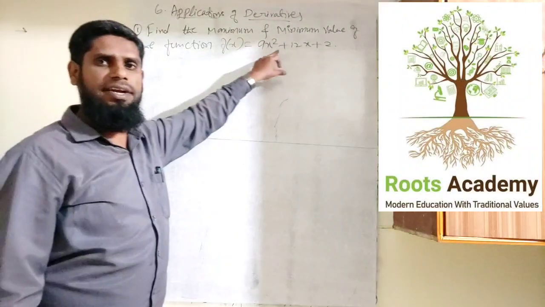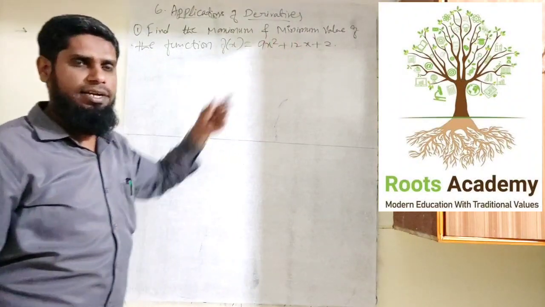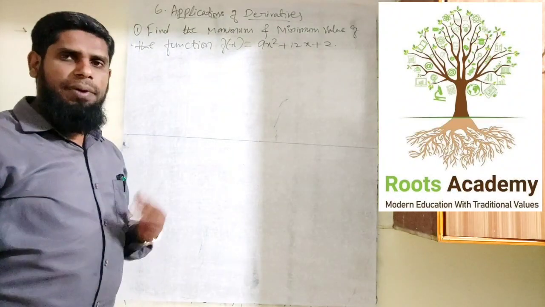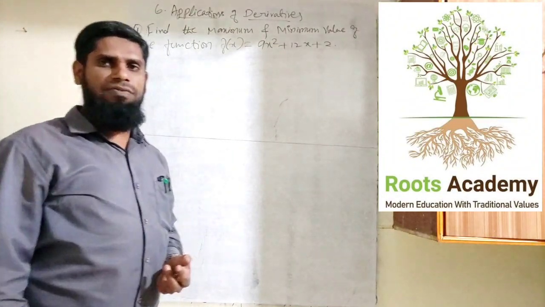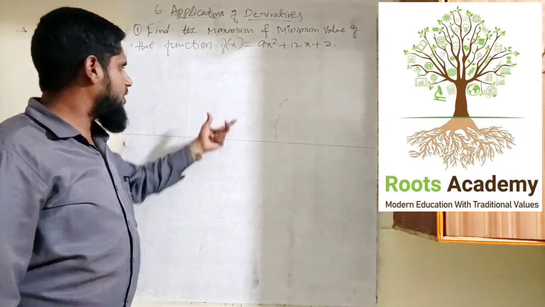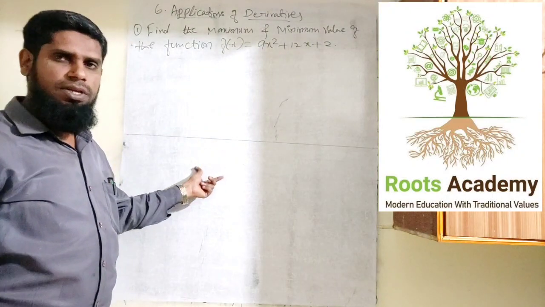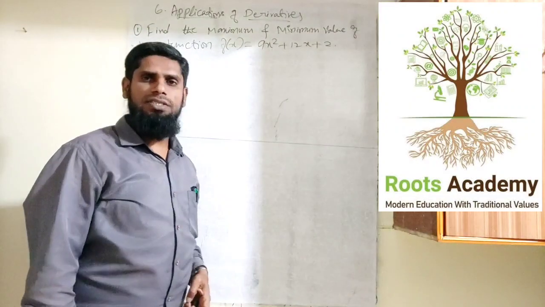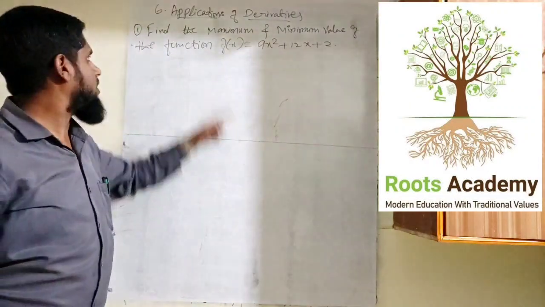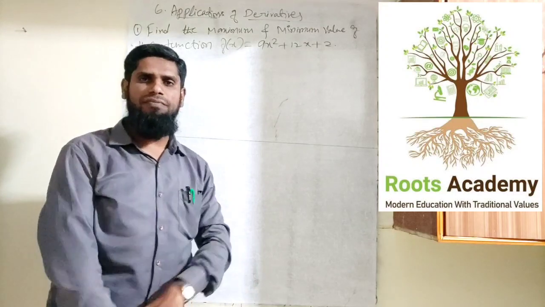Then we will find the critical values, critical points. It depends on what kind of function we have. We will get the critical points. That point we will substitute in the given function. Then we will get the local maximum and minimum value of the function.